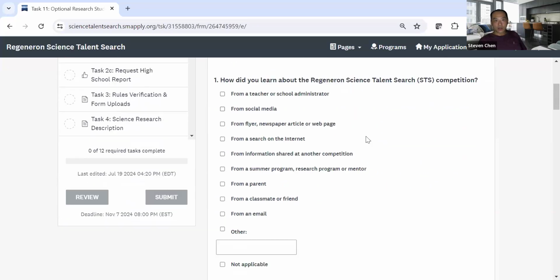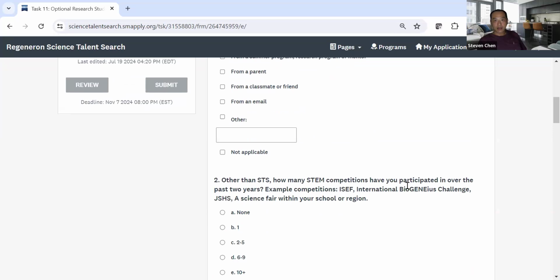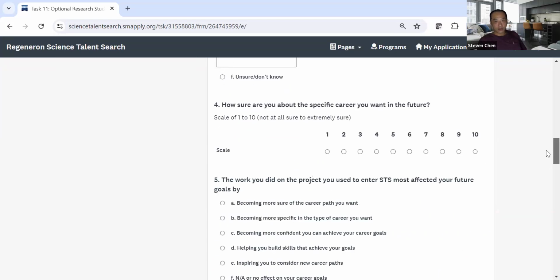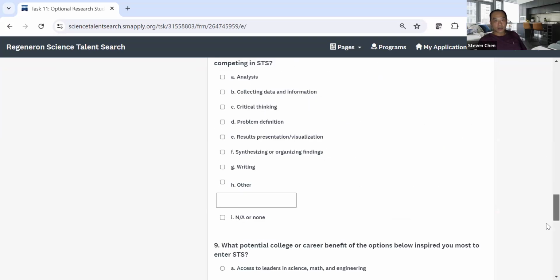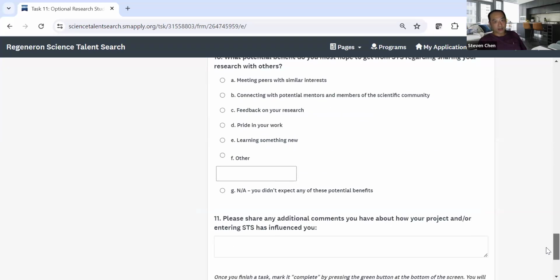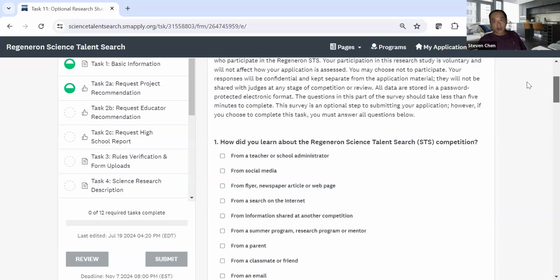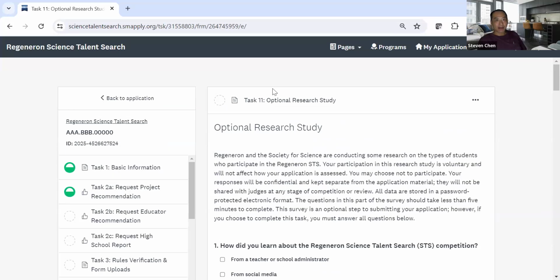Basically, they ask you where you heard about them, something like that. So you see that none of them is about your research. They just want to learn a bit more and do some research on their side by collecting your data. So those are all the questions asked in the application form.